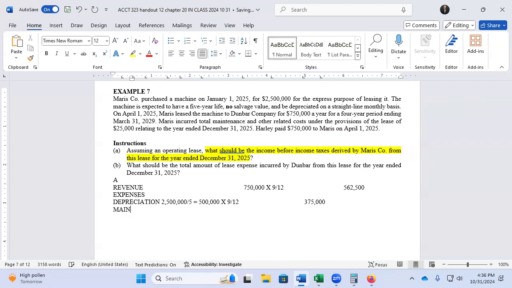And then we had maintenance. And they told us that that was 25,000. And so total expenses, $400,000.